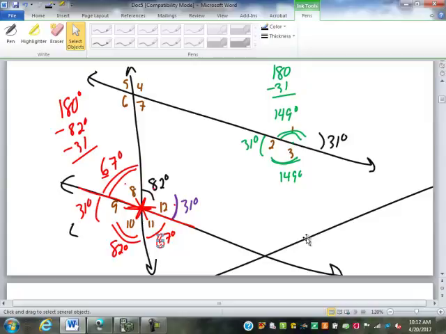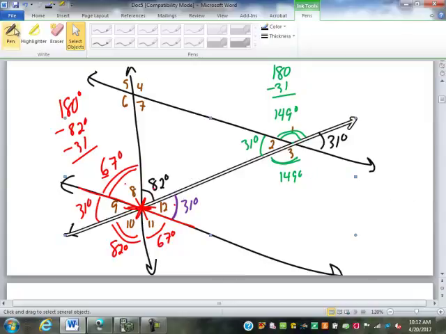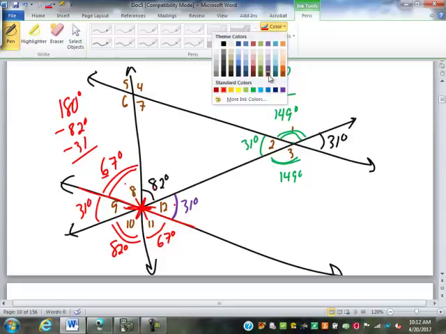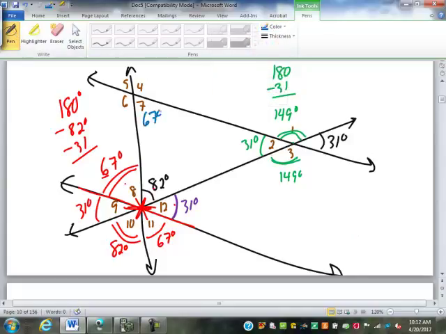It has to be the same as 11. It has to be 67 degrees. Of course, 5 is also 67. And then 4 and 6 will be found by doing 180 minus 67, or 113 degrees.